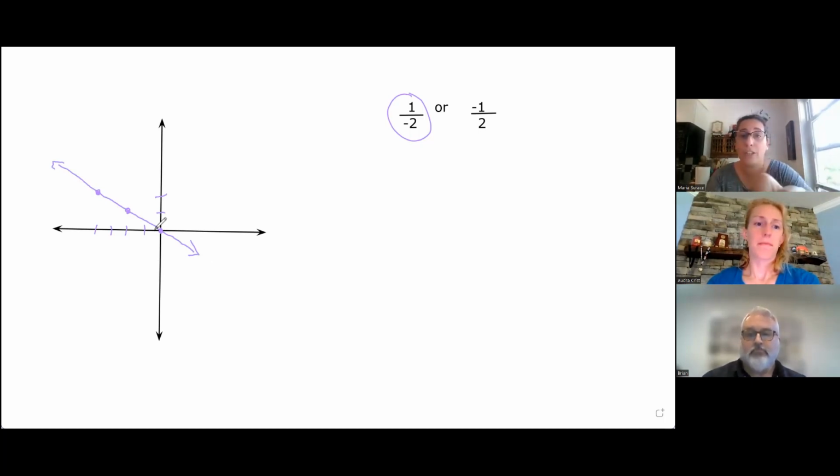But if I try to do the same thing with the slope being -1 over +2, and I start at this point, now I'm going to move down 1 and to the right 2 units, leading me right back to where I was with the other fraction. So this fraction is exactly the same value numerically because it also graphically creates the same slope.